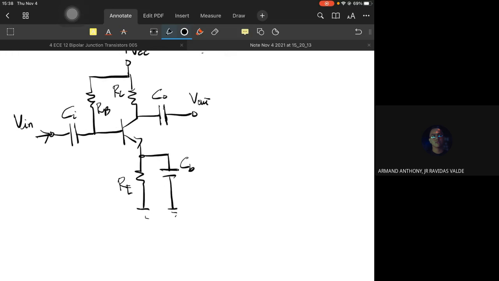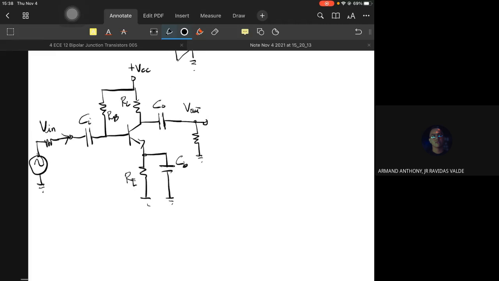In the AC analysis, the output component or load is connected in parallel to our amplifier. And the input signal could be modeled using a voltage source with an internal resistance.